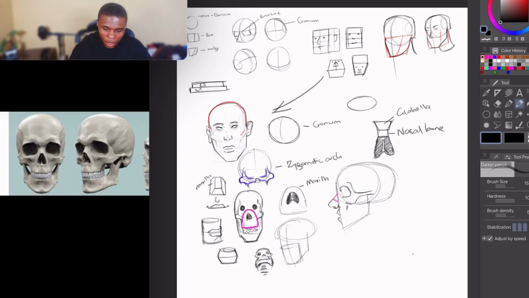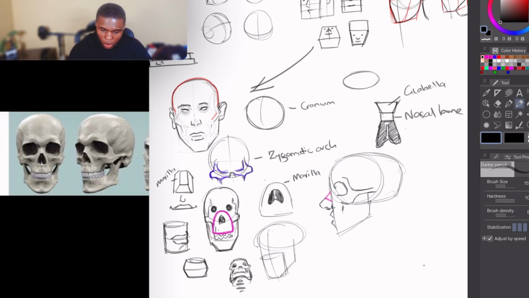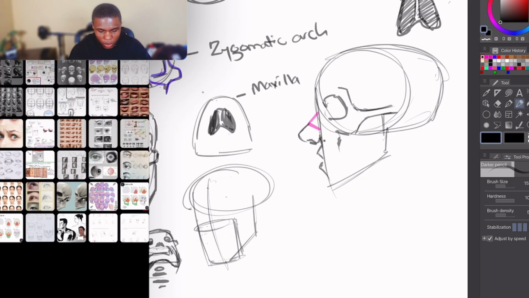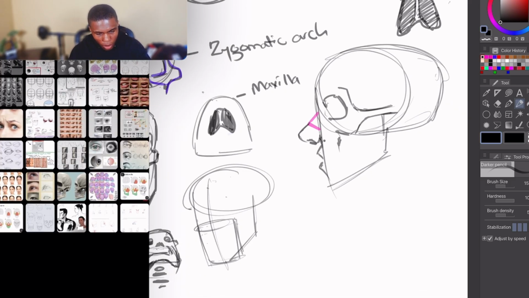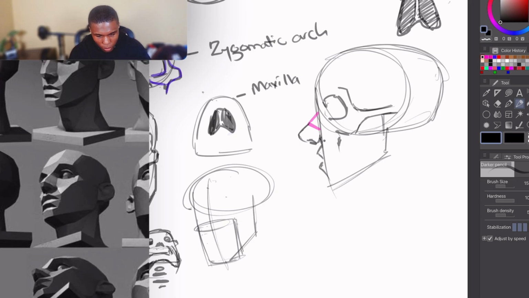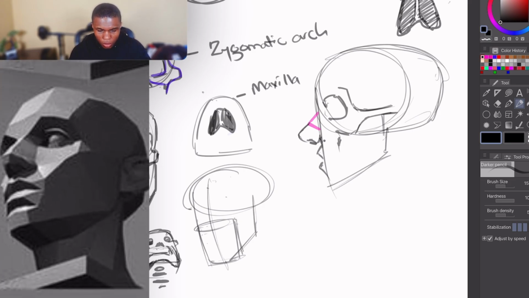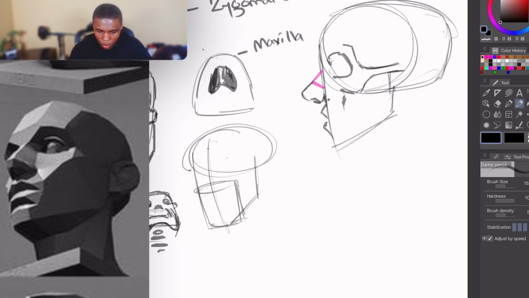Do it in different angles. Do it from angles that give you a bit of issues. Like for me, for instance, one of the most difficult angles that I have is drawing things from this angle here in this photo.